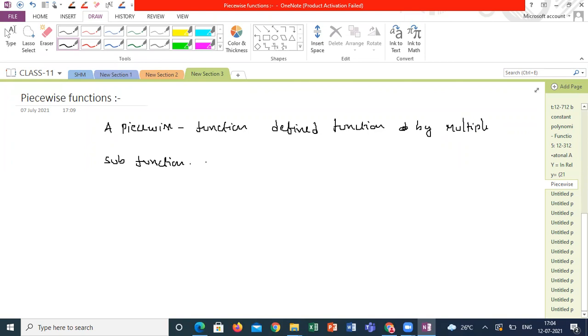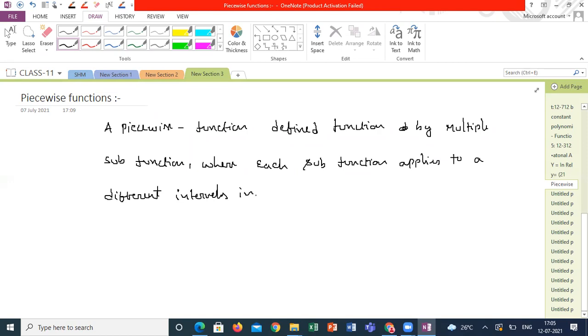The function is split into many functions and each subfunction is defined through its domain and range, where each subfunction applies to different intervals in the domain.